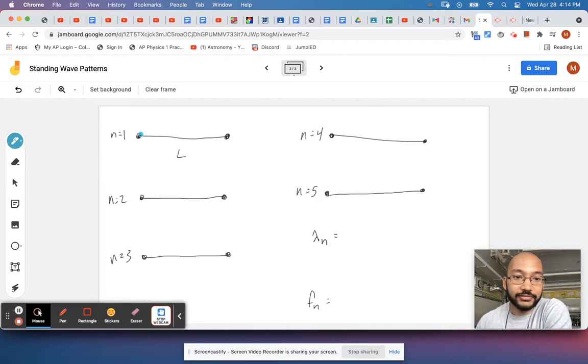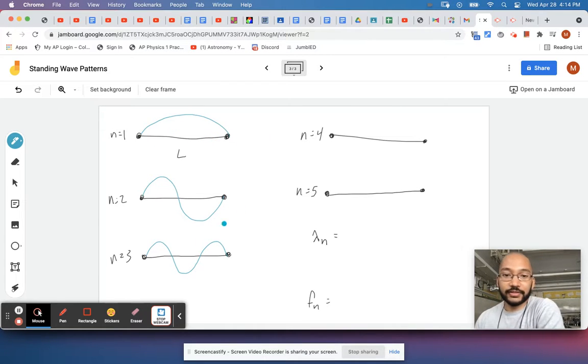The first pattern. Boom. The simplest one. The second pattern. Boom. The third pattern. I refer you to XM Demo's video if you don't believe me that those are the patterns, but the simplest one is this one. This is the one that comes at the lowest frequency, and then this one, and then this one.